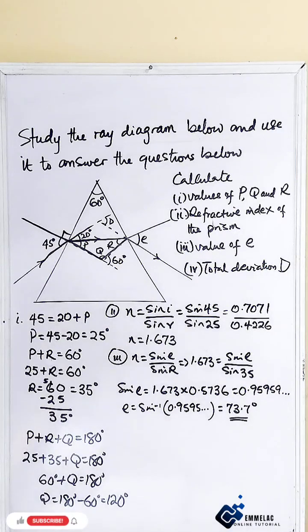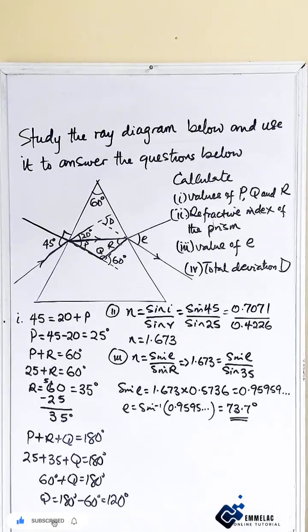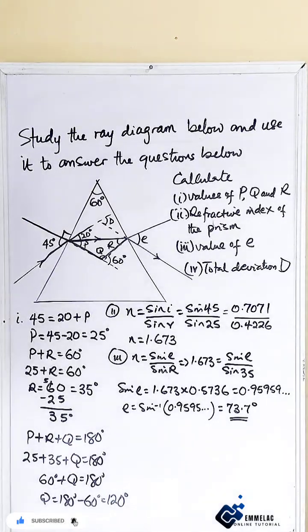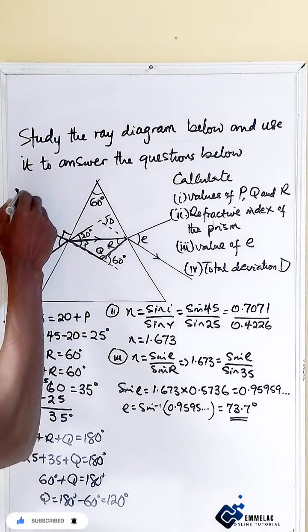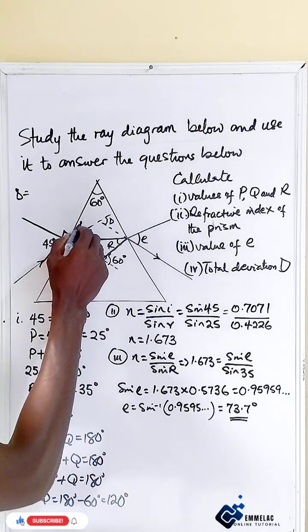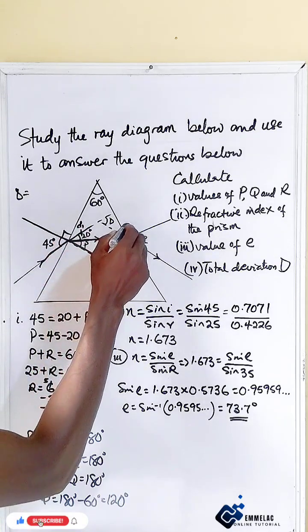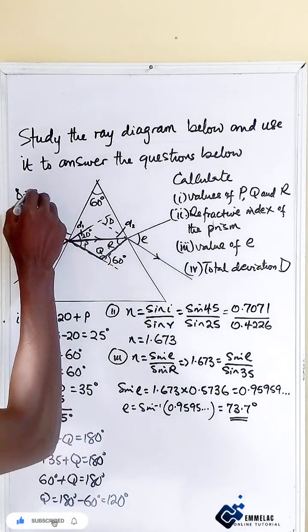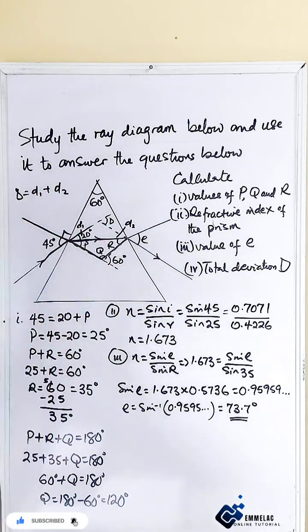Now we have to find the total deviation D. For us to find D, let us take note that D is meant to be D1 plus D2.